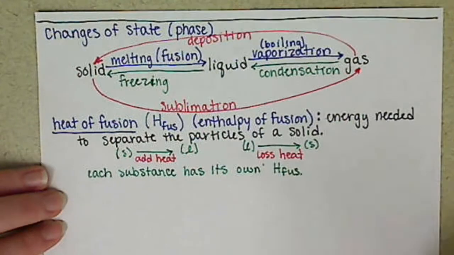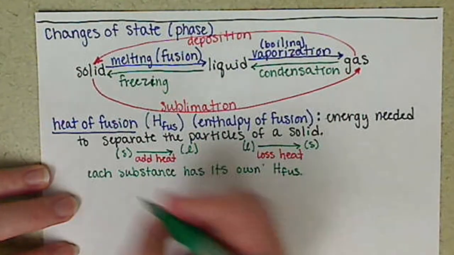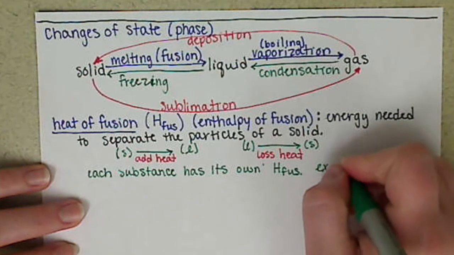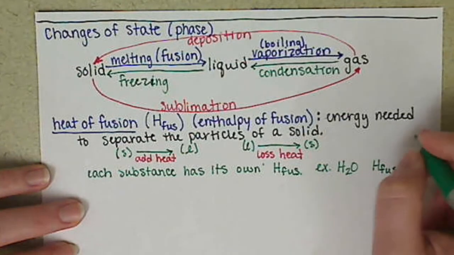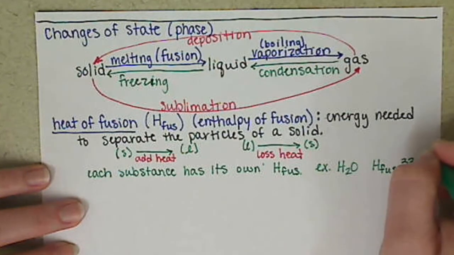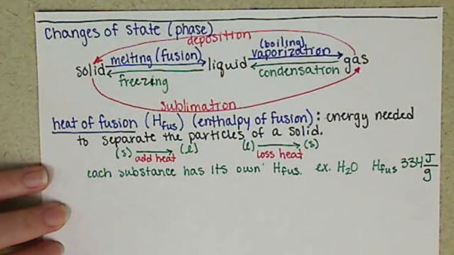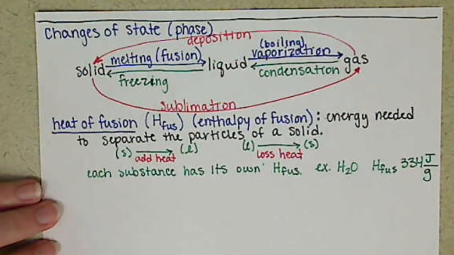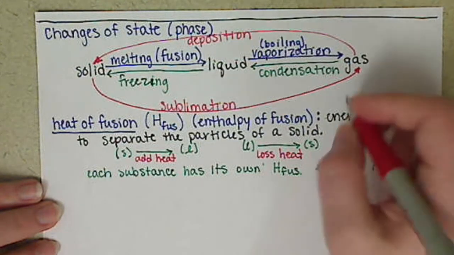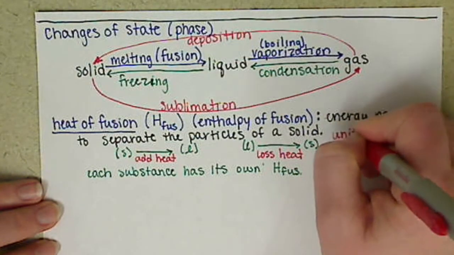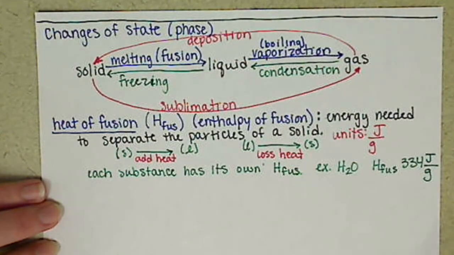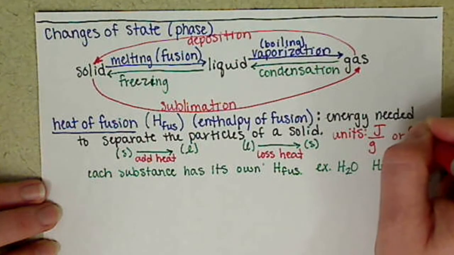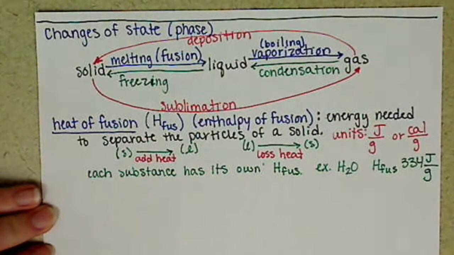So for example, water, H2O, has an H of fusion of 334 joules per gram. Oh, that's one thing that we can add over here. Usually the units are going to be joules per gram. Remember, joules is a unit of energy, and it's always a capital J, no lower case. Or on occasion, you can see it in calories per gram.